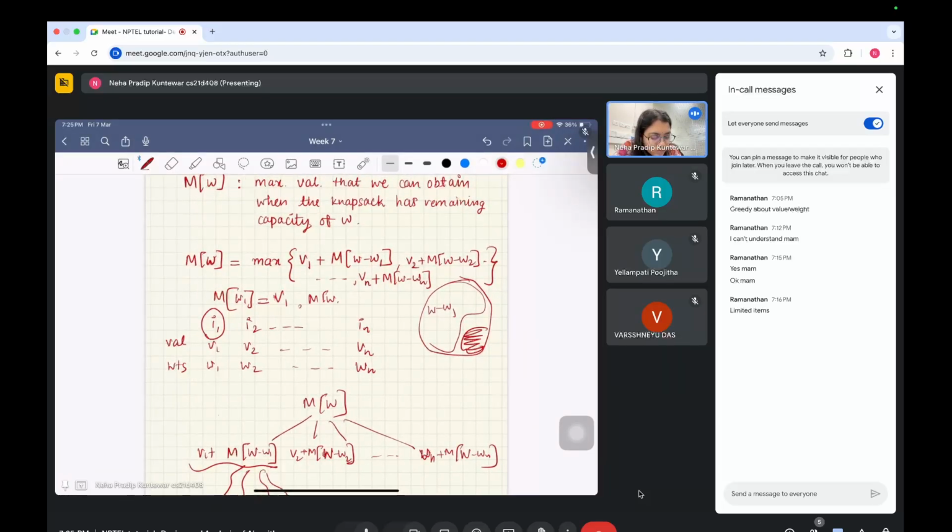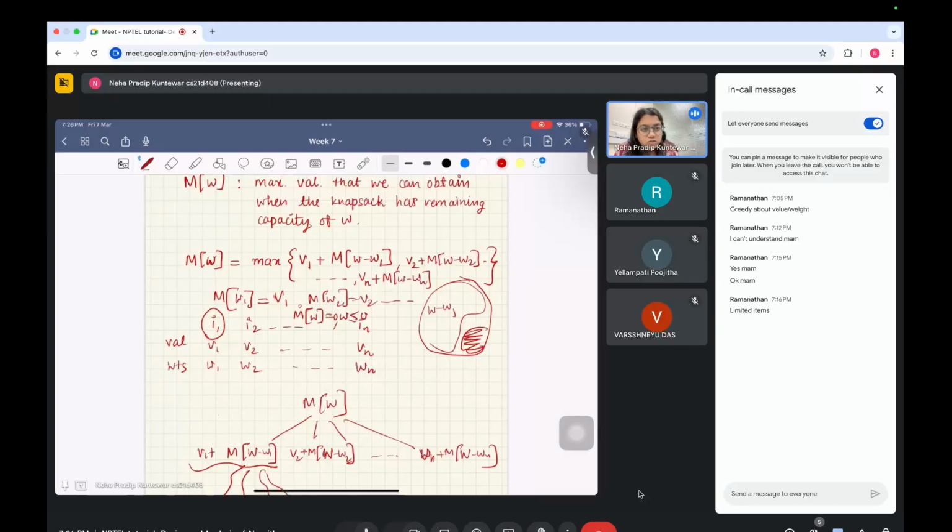M of w2 would be v2, and so on. And m of some weight w where w is less than 0 is 0. This is just to make sure that the weight cannot go negative. If it goes negative, then you just write 0 and start terminating from that branch.